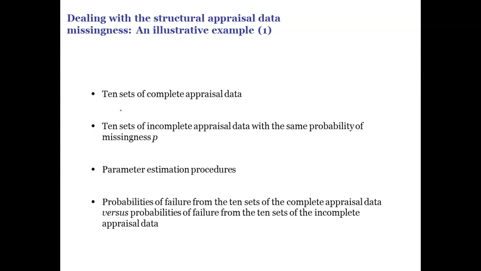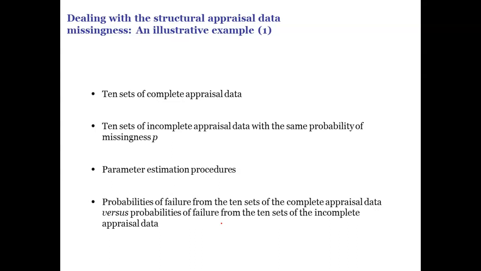We will do similar things in the incomplete data scenario. That is, we have 10 sets of incomplete appraisal data. This time, we will pre-process those incomplete appraisal data based on the EM algorithm.